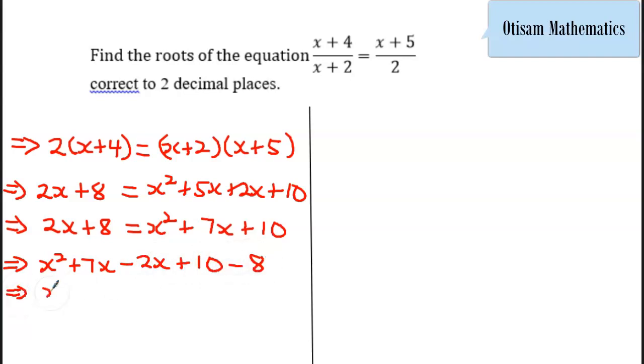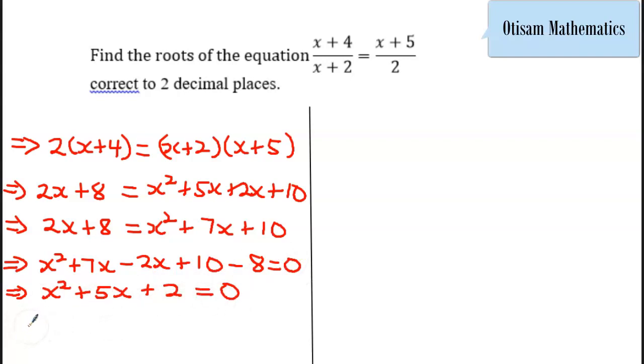So we have x squared, 7x minus 2x is 5x, 10 minus 8 is 2, and this is equal to 0. And we have this quadratic equation.